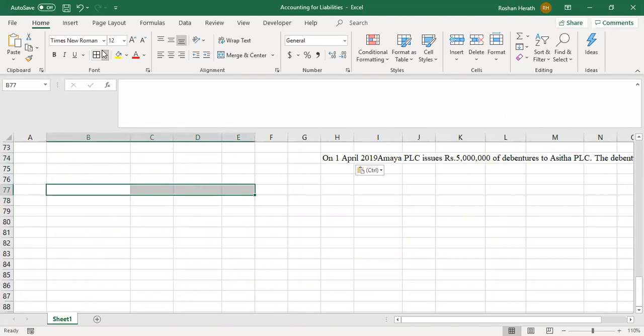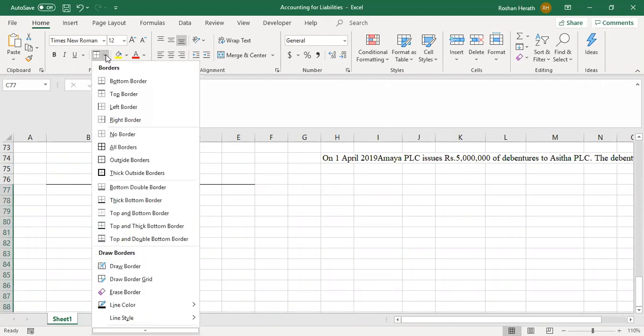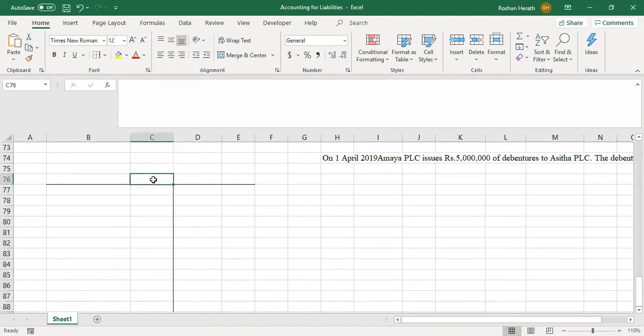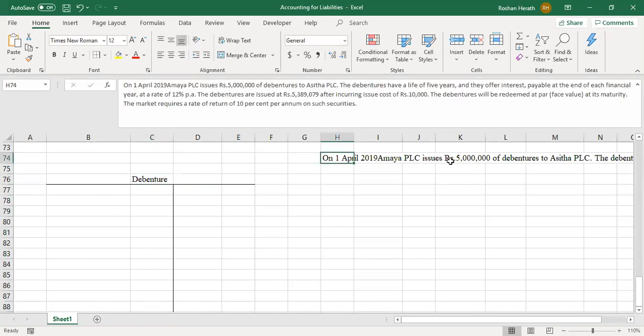Let's take an account and thereafter we may provide the journal entries. Here we have the debenture, right? So initially what you have to do is recognize it.